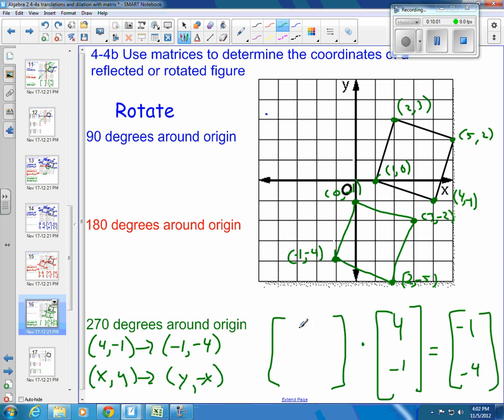So I'm going to have to multiply the top here by a 0 and the 1 by a 1. And the negative 1 stayed negative 1, so multiplying by 1 will do that. And then the bottom, I want the 4 to stay, so 4 times 1. But it's got to go to a negative 4, so it's going to be a negative 1 here. And I don't want to add or subtract anything, so I'm multiplying by a 0. So here is the matrix that would multiply by 270 degrees to get my point around the origin.